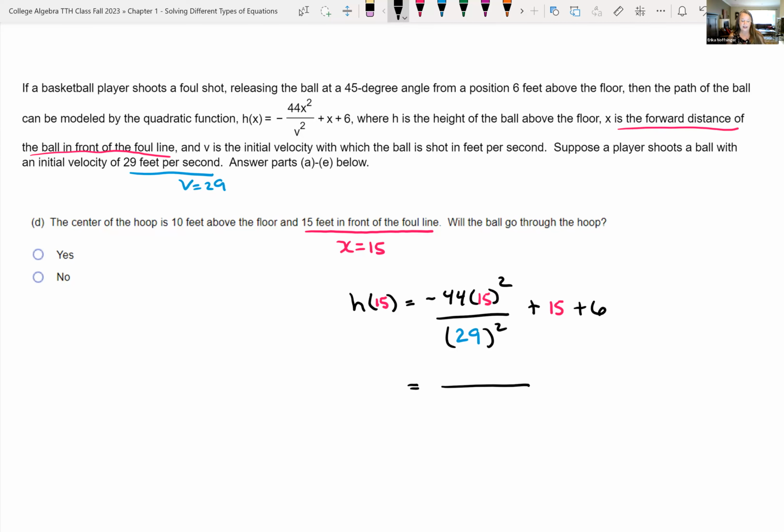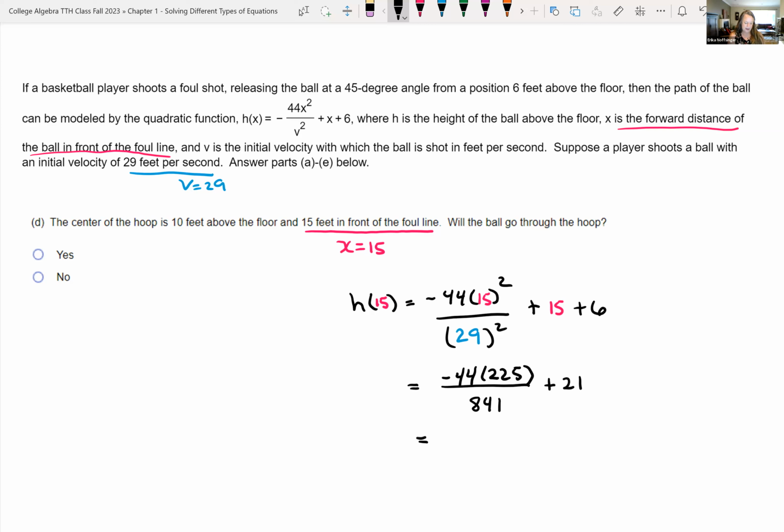So let's plug that in and simplify. So we have negative 44 times 15 squared, which is 225, all over 29 squared, which was 841, plus, and then 15 plus 6 gives us 21. So we have negative 44 times 225.